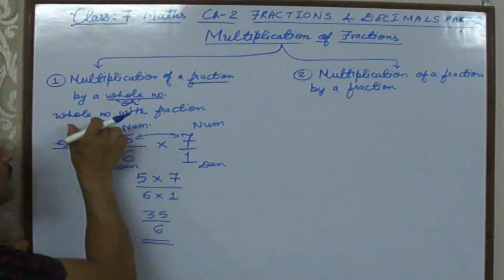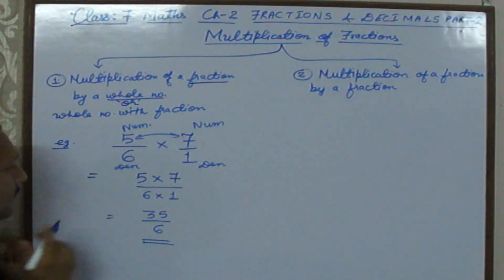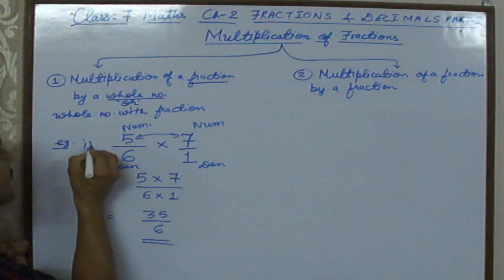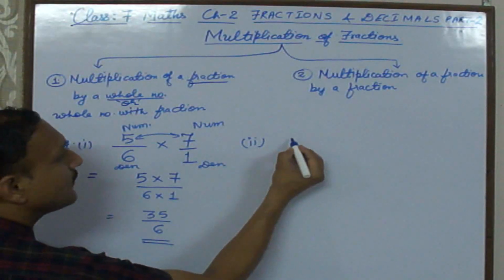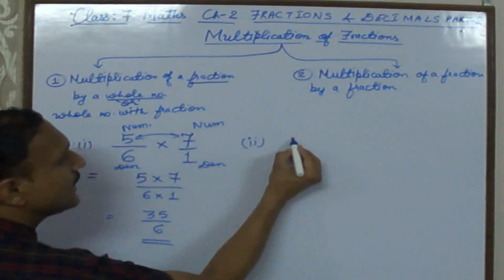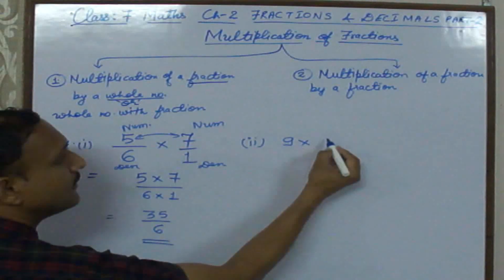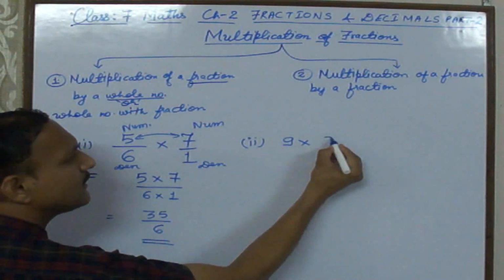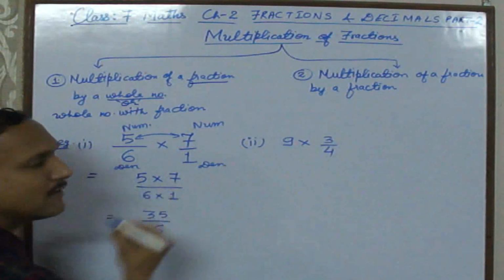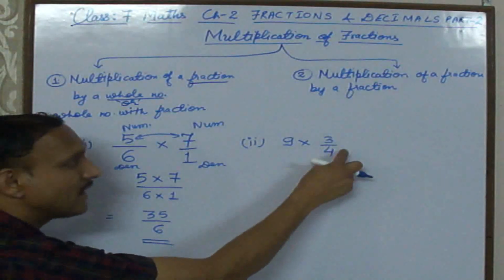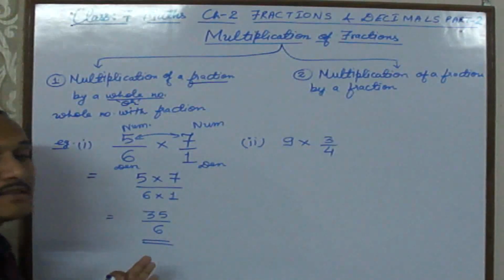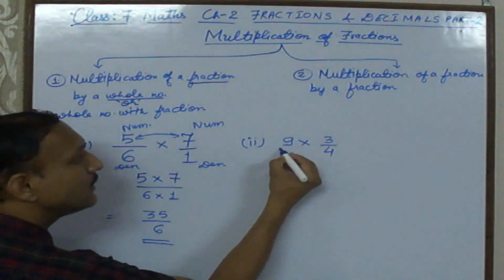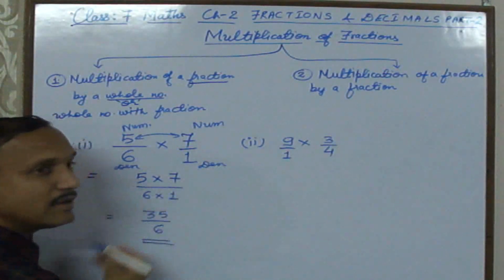Now if the whole number is given first, suppose I take one more example: the whole number 9 multiplied by a fraction, 3 by 4. Whether it is whole number with fraction or fraction with whole number, it doesn't matter, the method is the same. Again we put 1 as the denominator.